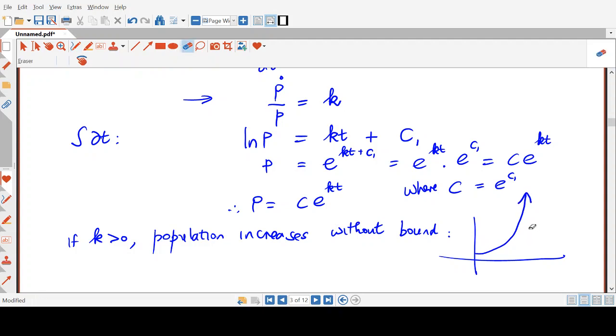P. You plot population versus time. P will be c e to the kt. Here we will say, suppose c is more than 0. If c is negative, then it will be down here. But population can't be negative, so it stands to reason that c must be a positive constant.